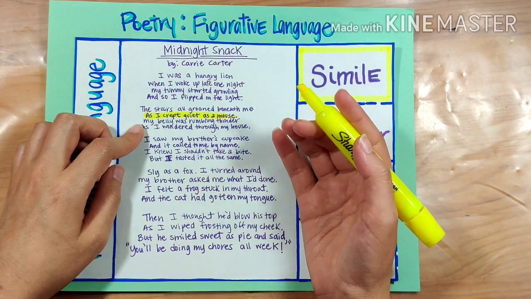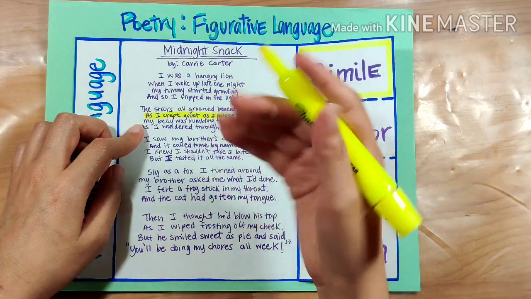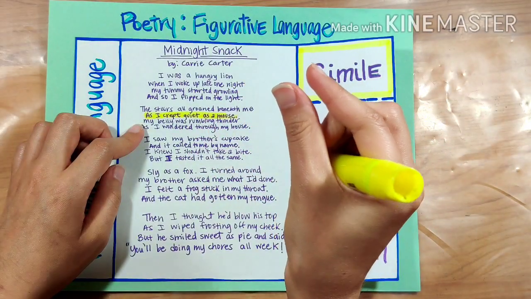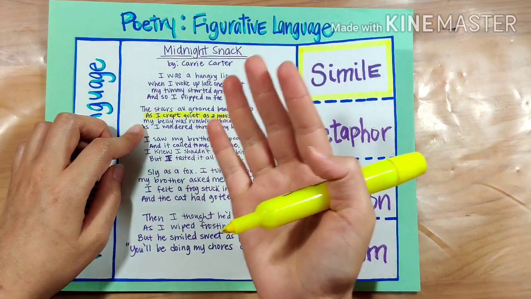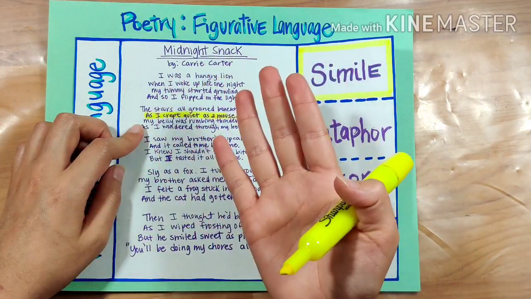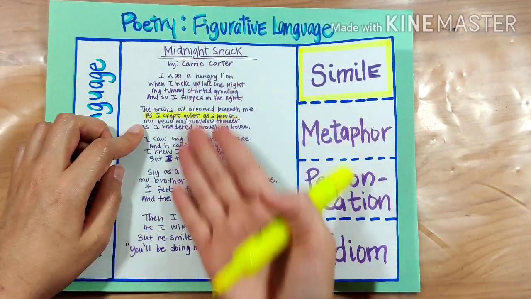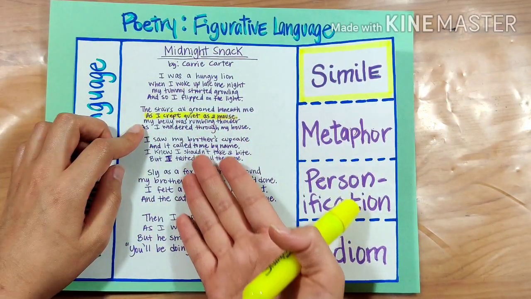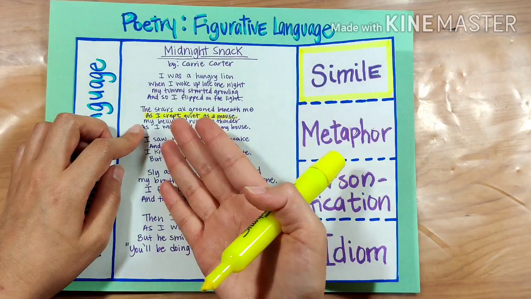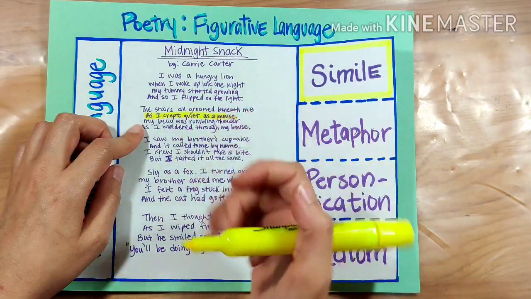But we're comparing how I am moving with the same movements of a very tiny creature, which is a mouse. And of course, I am not like a mouse in any way, but again, we're comparing how quiet I was being, or the narrator was being in this poem, to the way a mouse would be as well, or his movements.